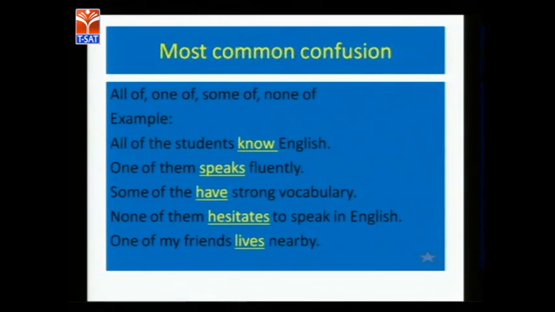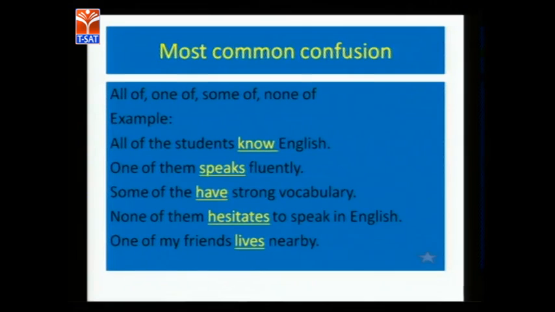All we know is a plural word. So all of the students know English. I'm not saying all of the students knows English. Let us say there are 10 students. All of them, that means all 10 of them know English. So it's a plural verb. All of the students know English.